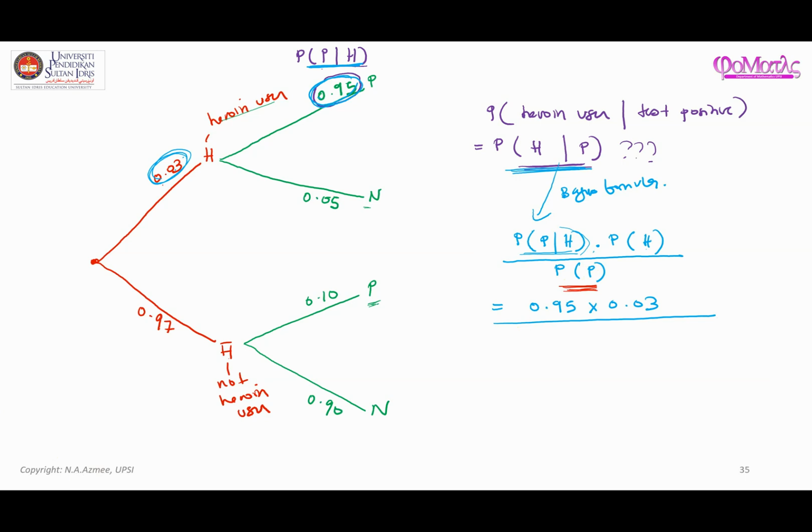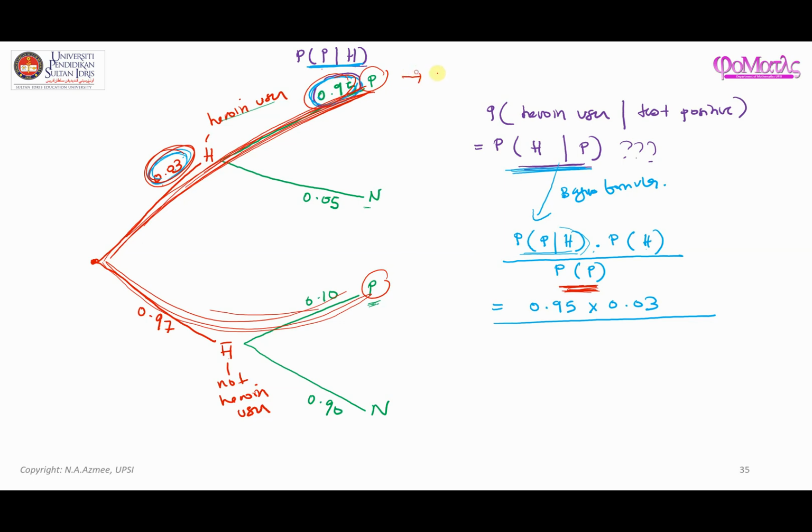Now, if you look at this tree diagram, you need to identify the paths where the result is positive. For example, this is a positive result and this is a positive result. So this is the first path that we need to consider, and this is the second path that we need to consider, because the result here is positive. We know that the probability of each path is found by multiplying the probabilities given.